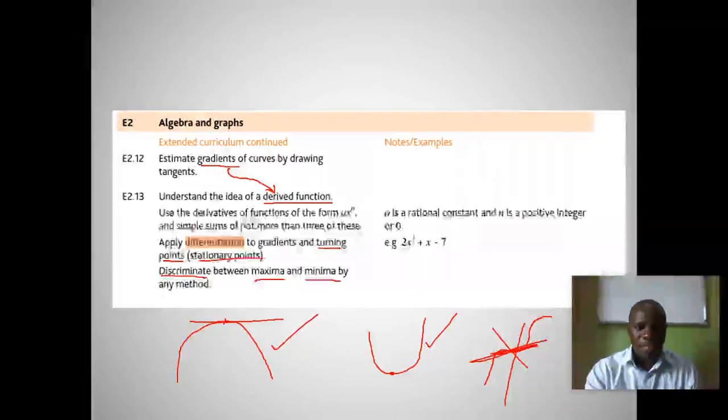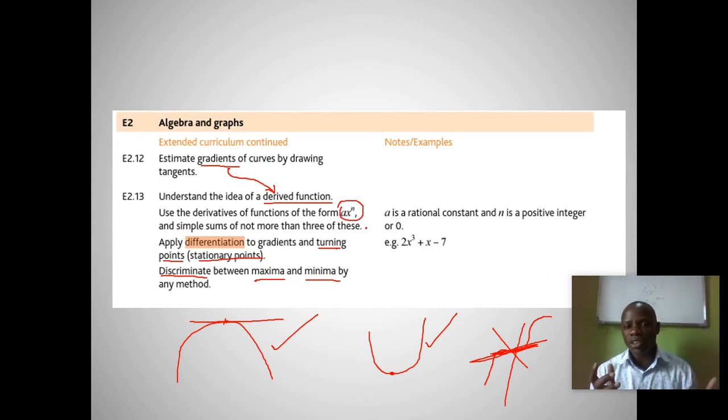Now, there's another statement here which says use derivatives of functions of this form, meaning anything expressed in terms of x should be differentiable. You should be able to differentiate whatever has an x in it, such as this one.